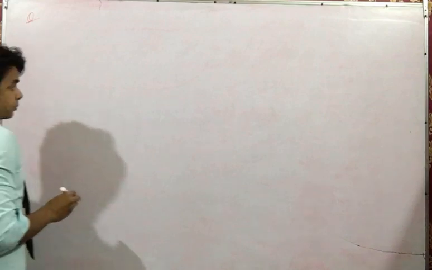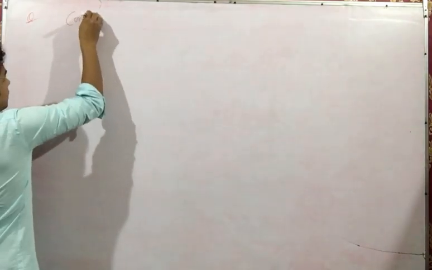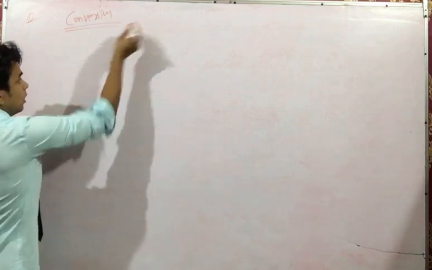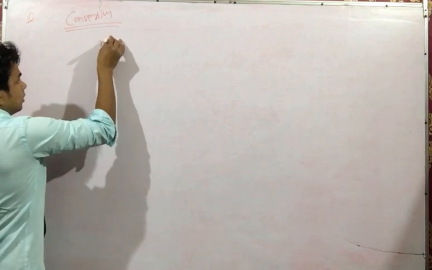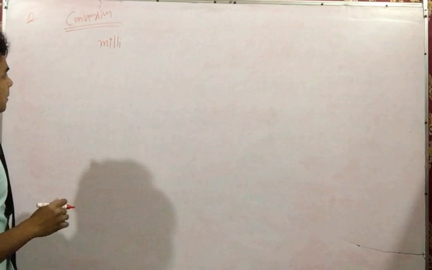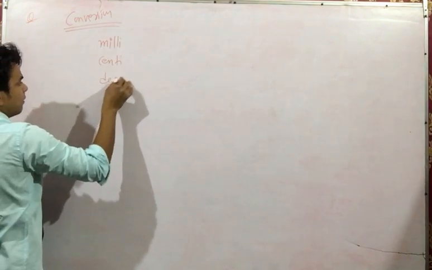Suppose a new concept I am teaching you. It is conversion. First of all, conversion you all must know. Conversion means how to convert from millimeter to different dimensions. So it is milli, centi, deci, meter, deca, hecto, kilo, meter. I have always taught this.